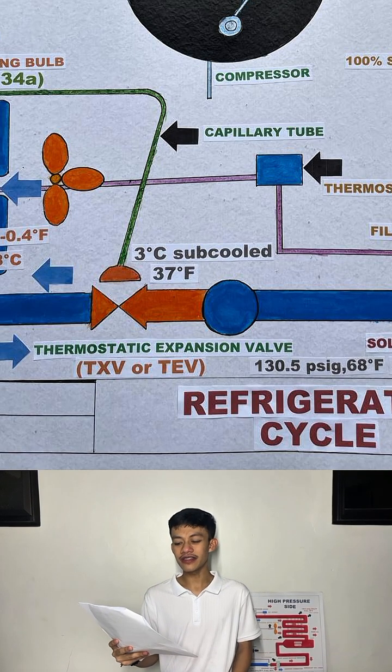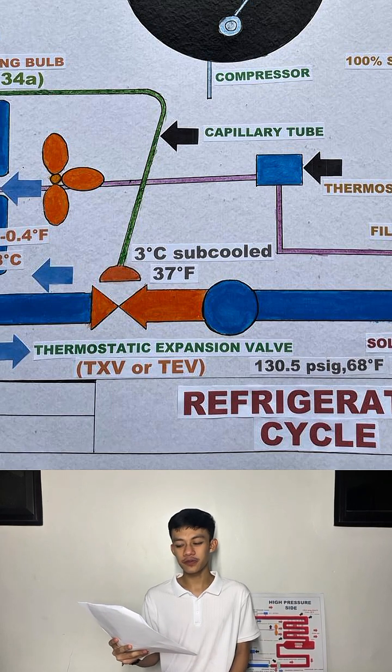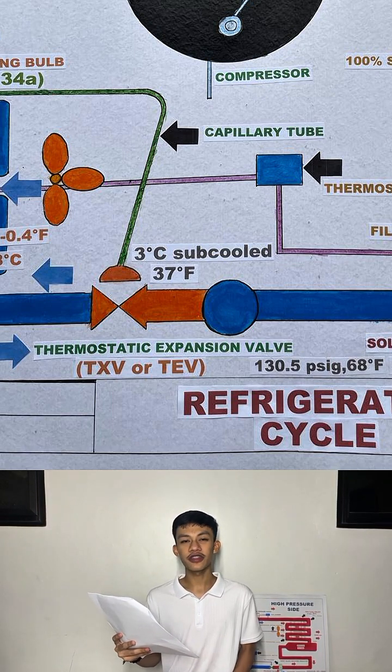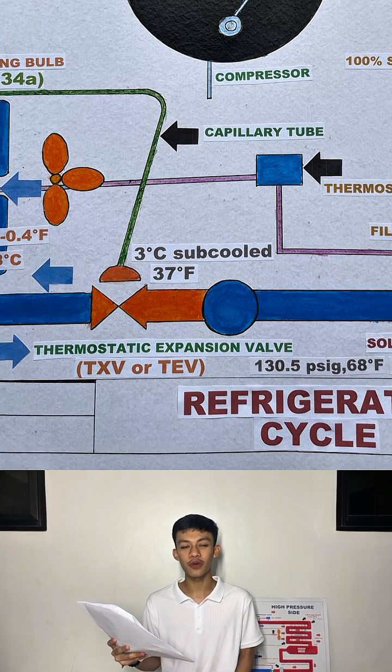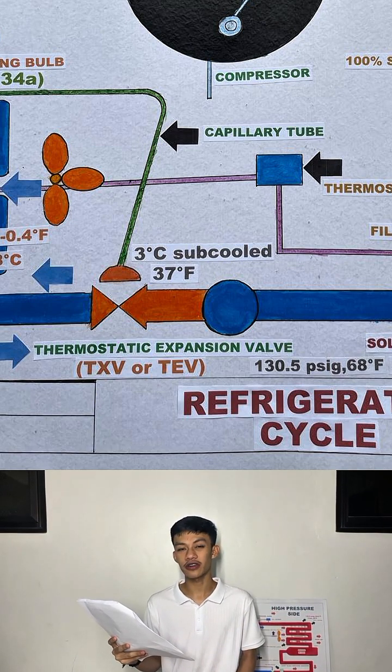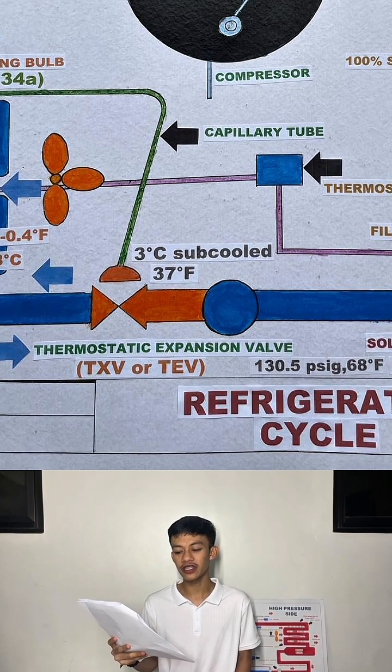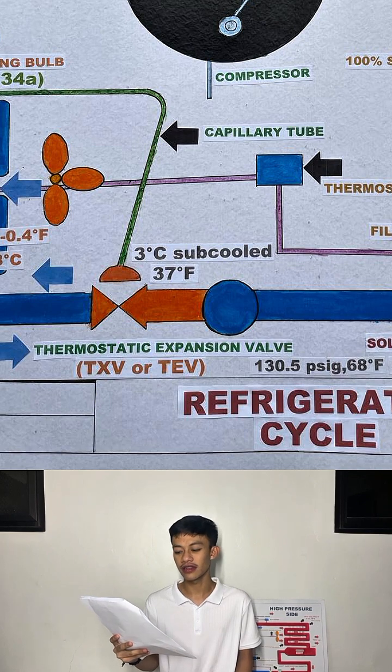Next is the thermostatic expansion valve, the TXV or TEV. A thermostatic expansion valve or TEV, also known as a metering device, is an essential component in a refrigeration or air conditioning system. It basically regulates the flow of refrigerant inside the evaporator coil.